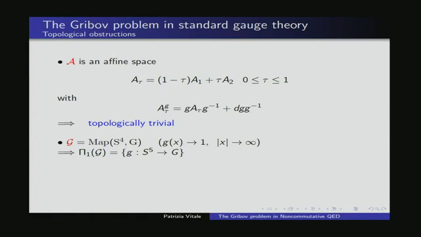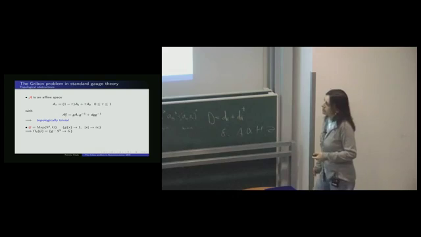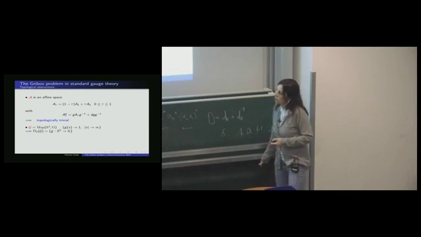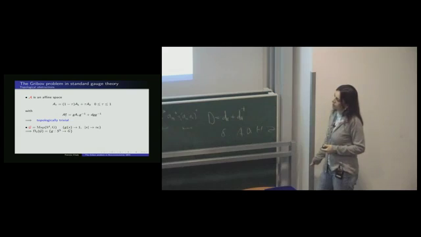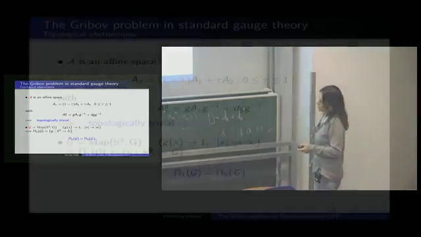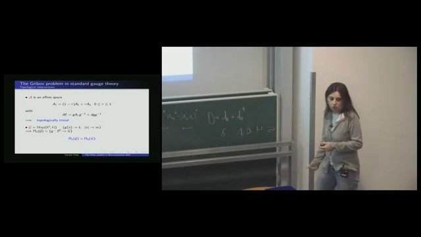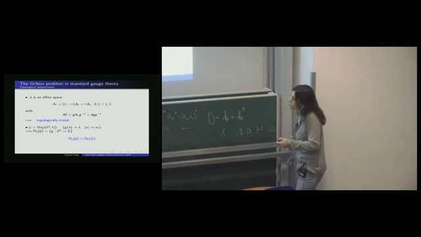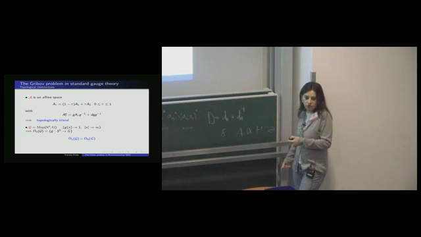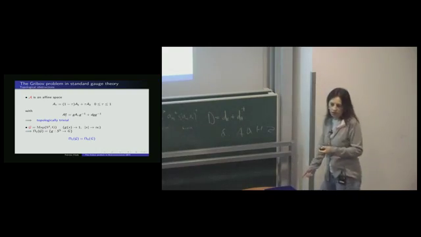As I said, this is essentially maps from S4 to G. Then when I compute the first homotopy group of G, this will be essentially maps from S5 to G. Then we have this relation here between the first homotopy group of my gauge group and the fifth homotopy group of the finite dimensional Lie group, which can be U1, U2, and so on.